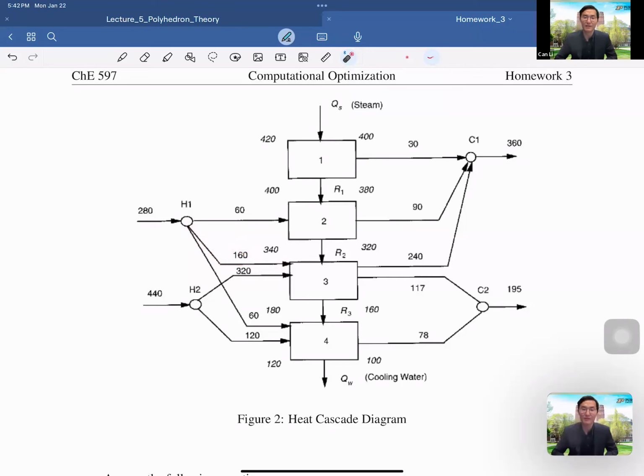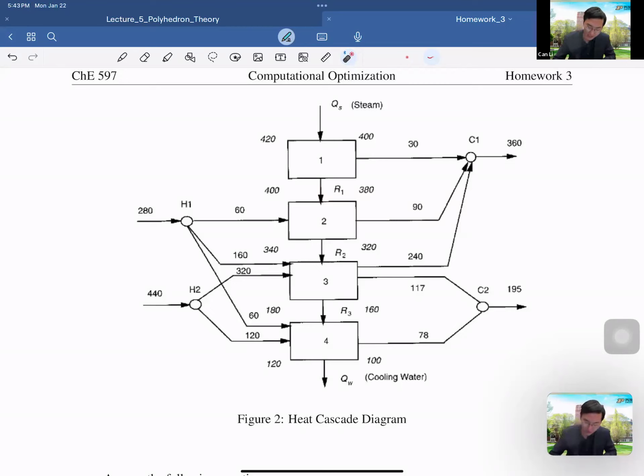What you need to do is to formulate a linear programming model such that you do a heat balance at each of these intervals. Then the input from the hot stream plus the so-called residual heat from the previous interval, because any of the heat from the previous interval can also heat the colder stream.